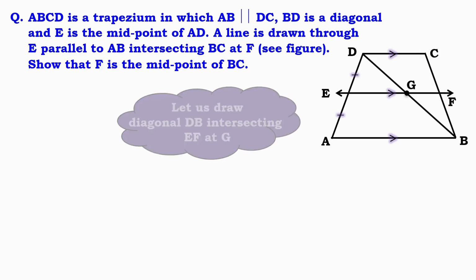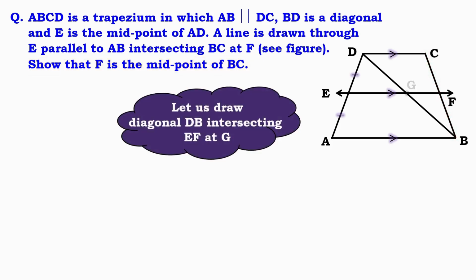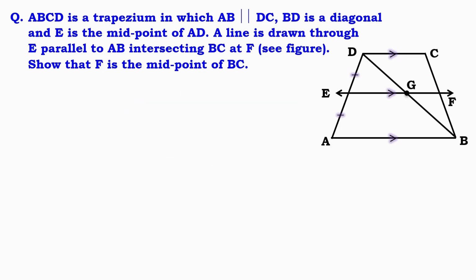Now let's take a look at how to solve this. So let us draw diagonal DB intersecting EF at G. Okay, so already we know that DB is a diagonal. So let us consider that it intersects EF at G. Okay, now let's come to the proof.